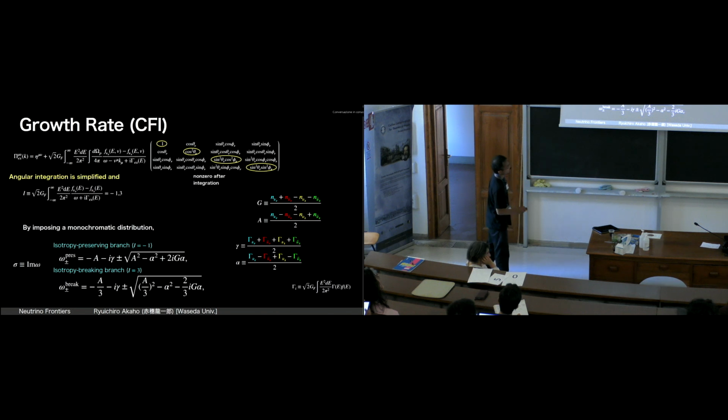And this gamma denotes the collision rates, where you can calculate them by integrating the inverse mean-free path times the neutrino distribution function.